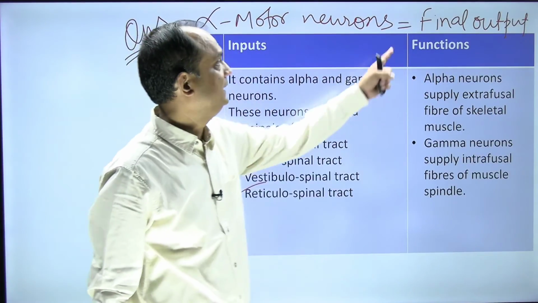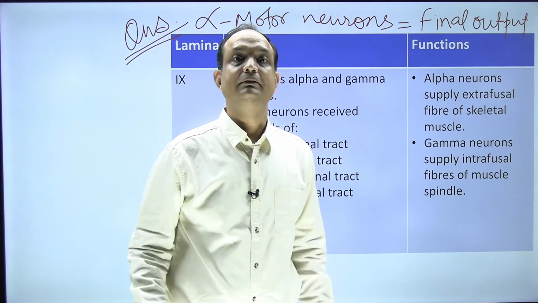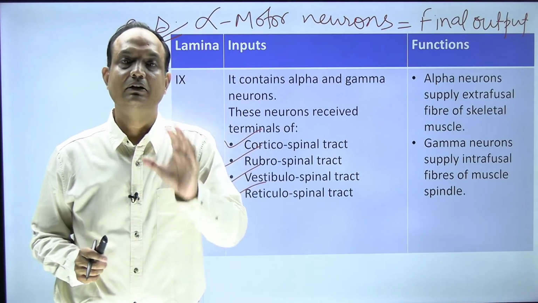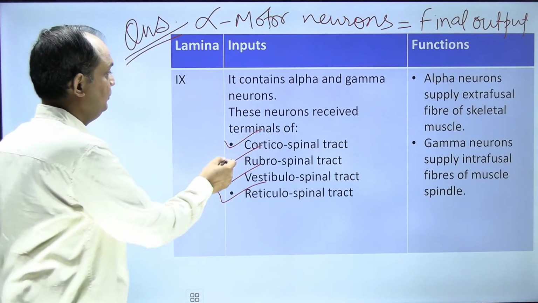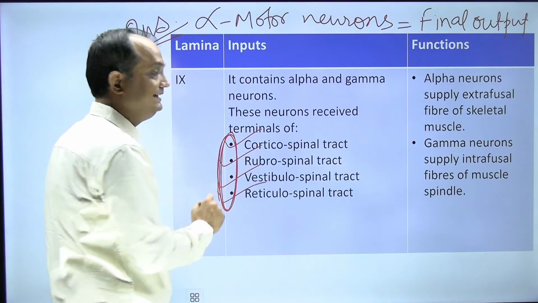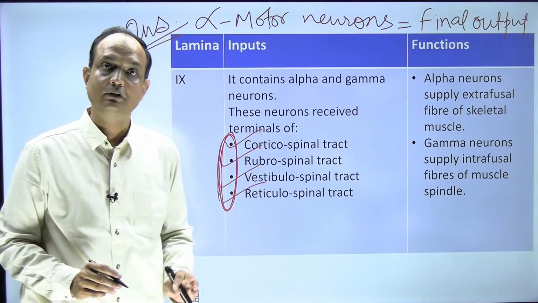Why final output pathway? Because whatever modification takes place in the output of the alpha motor neuron takes place in the anterior horn, and these influences come from both ascending and descending tracts. So these are the descending tracts, that means corticospinal, rubrospinal, vestibulospinal and reticulospinal.